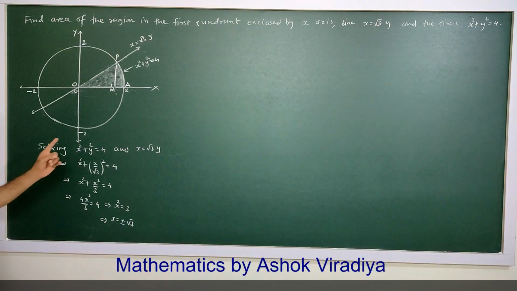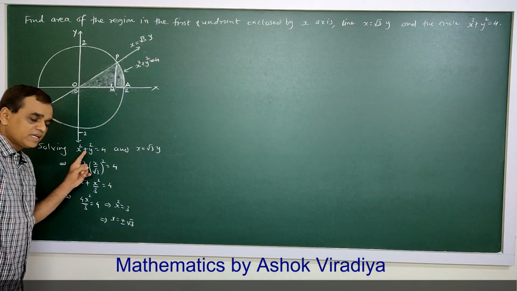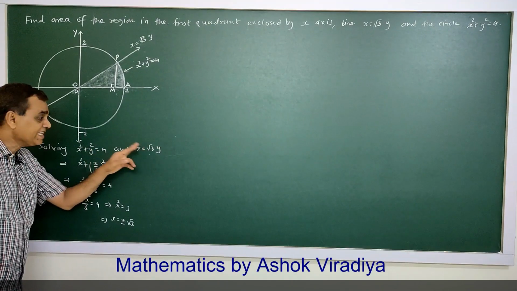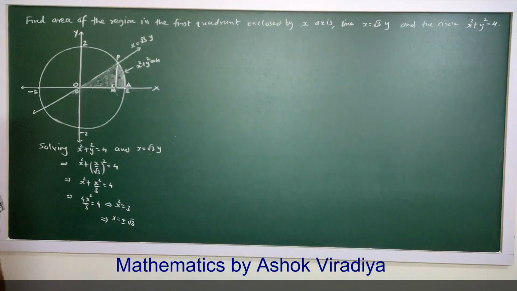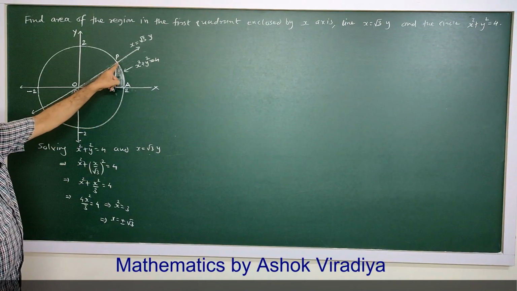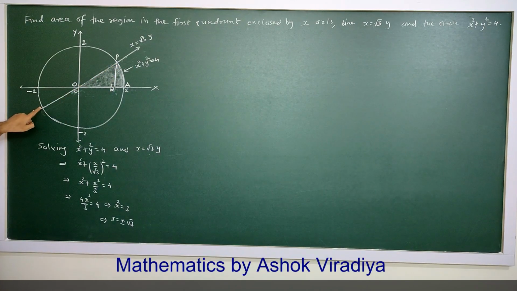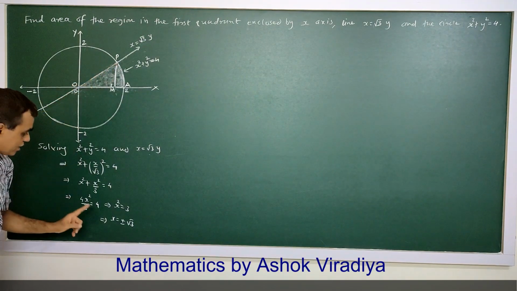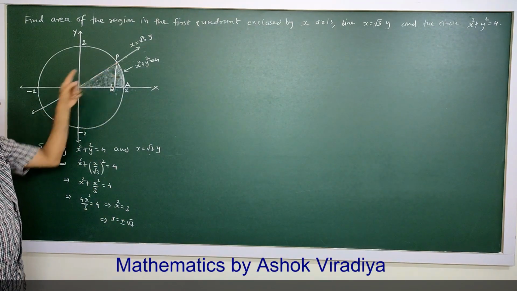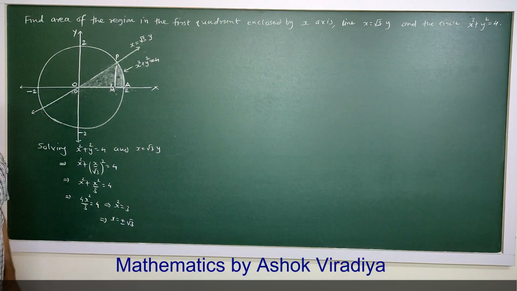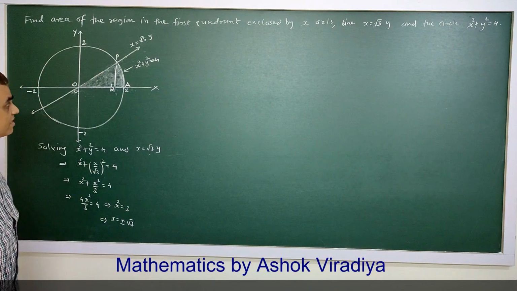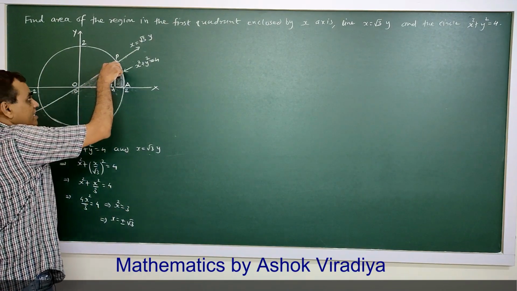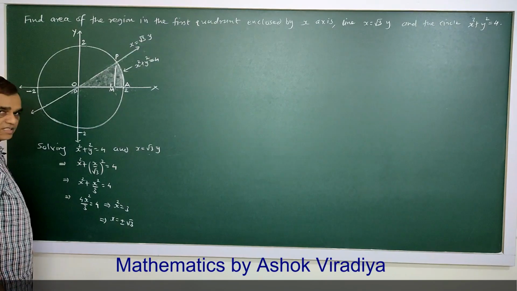Therefore x is plus minus root 3. So that means the line intersects the circle in 2 points. The first point you can see in the first quadrant, the second point is in the third quadrant. This point will have x coordinate plus root 3 and here it will be minus root 3. But because we are calculating in the first quadrant, we take its x coordinate as root 3.